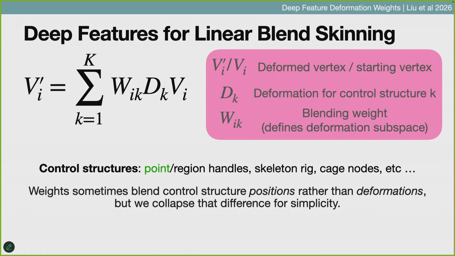One more note here, just because maybe some of the rigging people or animation people are starting to pull out their pitchforks: the weights will sometimes be used to blend control structure positions rather than deformations. Linear blend skinning typically refers to the blending of deformation specifically, but for simplicity's sake, I'm just going to be collapsing that distinction.